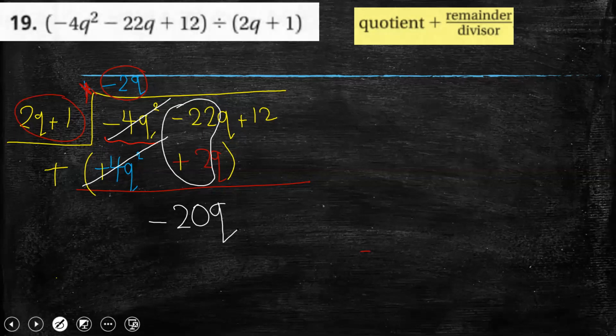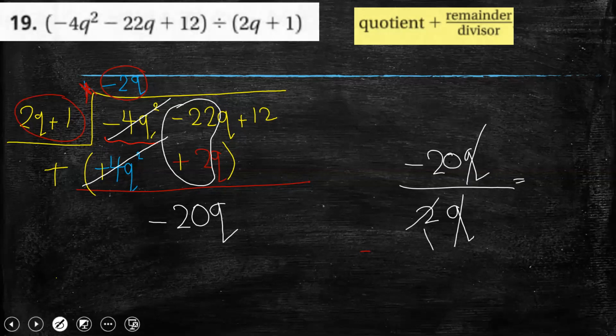So negative 20q. Then the second step, you have to divide negative 20q by the first term, which is 2q. Let's divide them. After we divide, we have negative 20 over 2, which is negative 10.